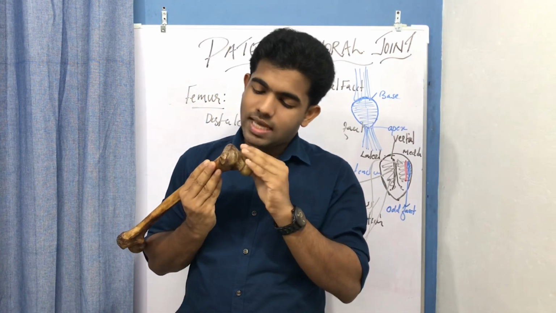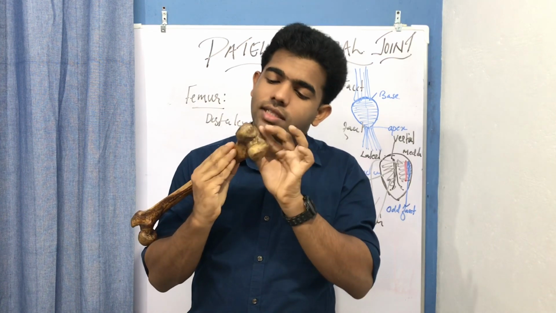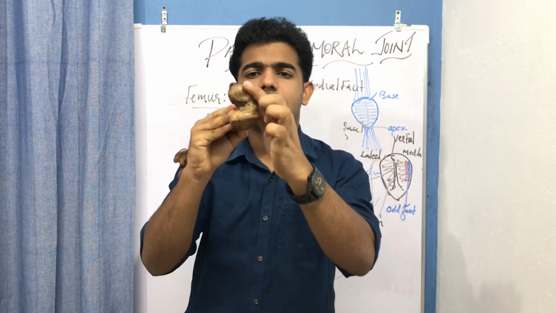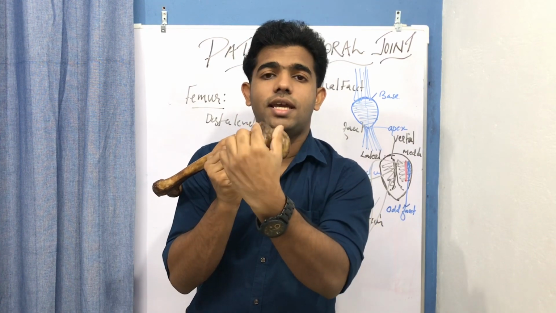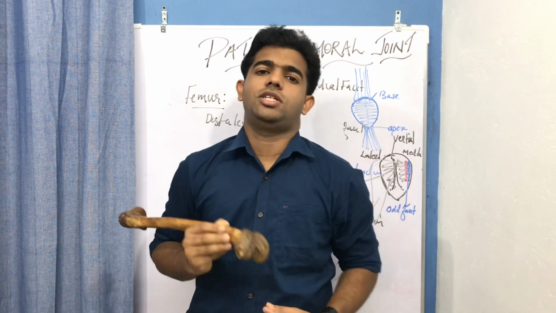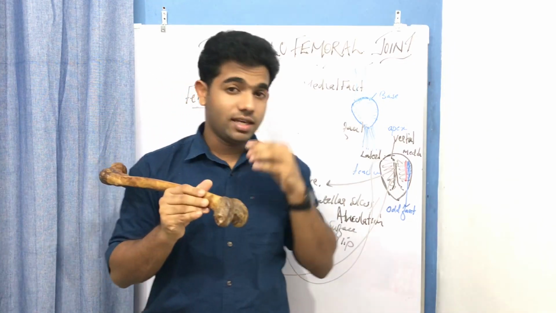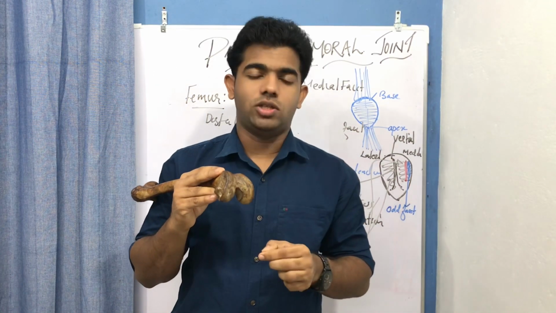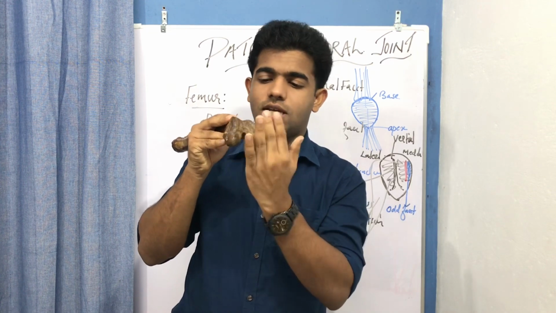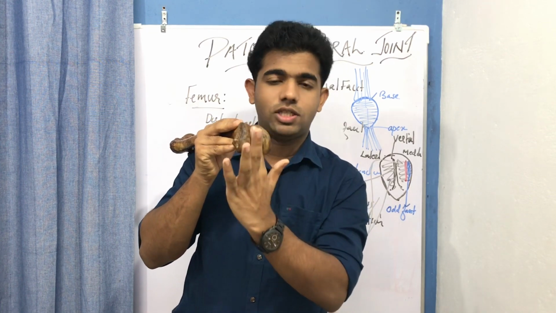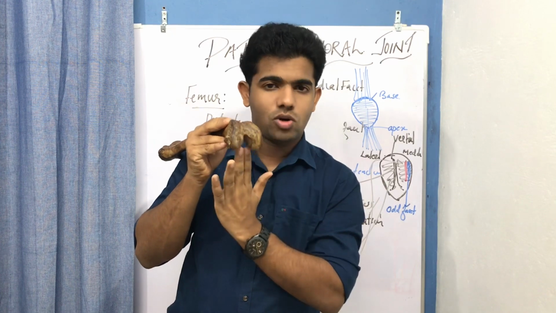On close examination, we can see that the lateral facet is slightly convex and its tip has a slightly distal orientation. This is the lateral facet, this is the medial facet, this is the intercondylar groove, this is the intercondylar notch.